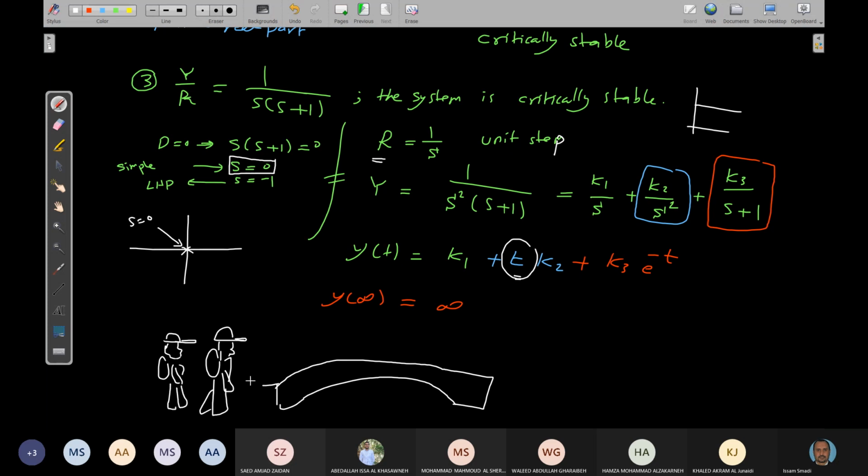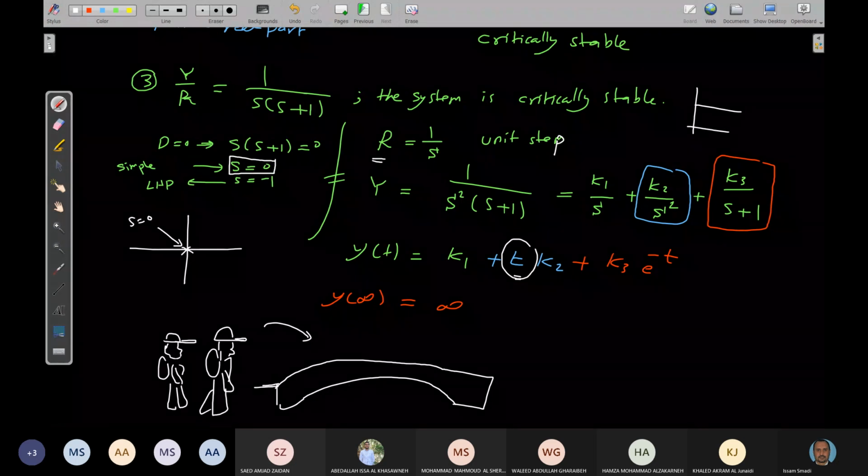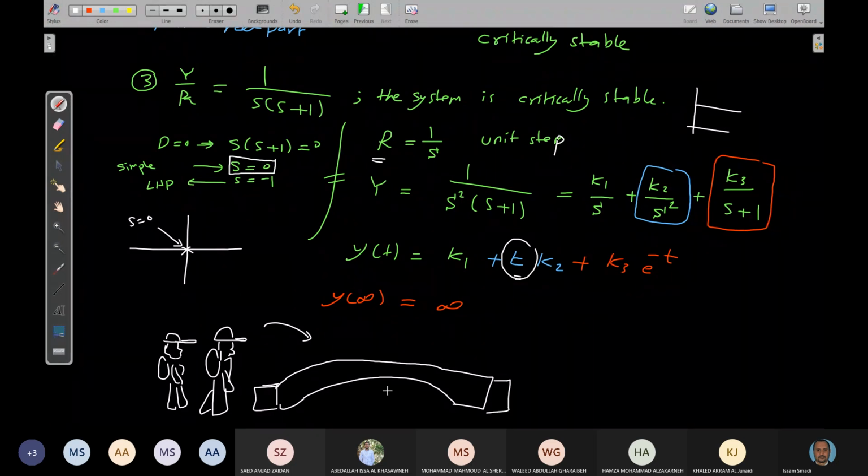Except on the bridge. On the bridge, each one of them will move in his own motion. Do you know why? So that they don't produce a force that destroys the bridge. Yes, because they're afraid there is a chance that their frequency will match a simple root on the j omega axis, and this would collapse the bridge. We call this resonance in circuits.